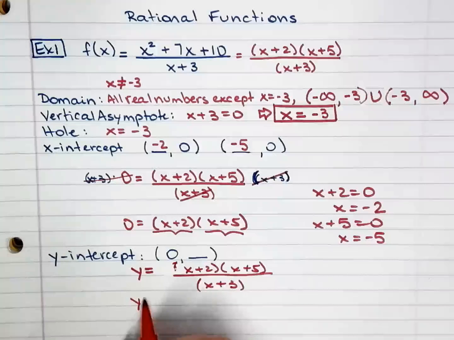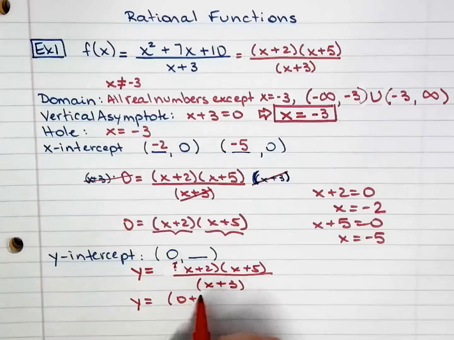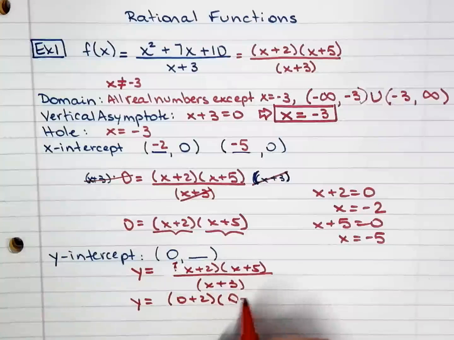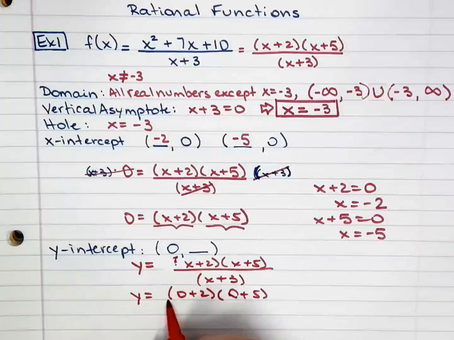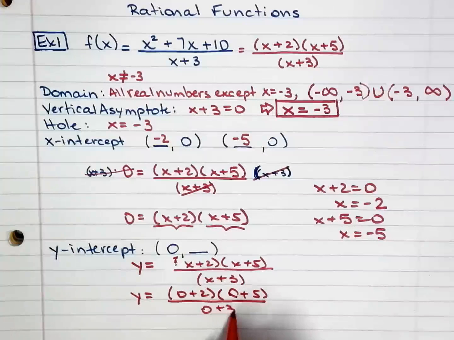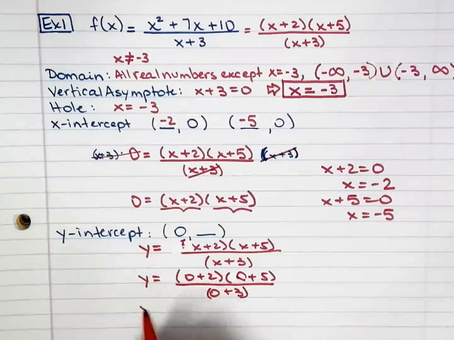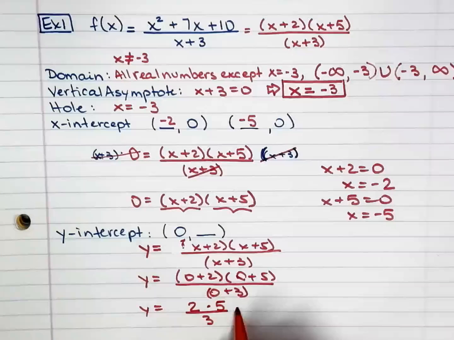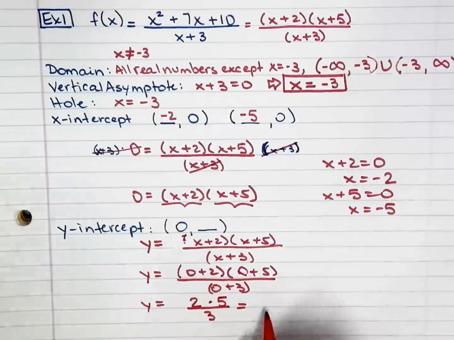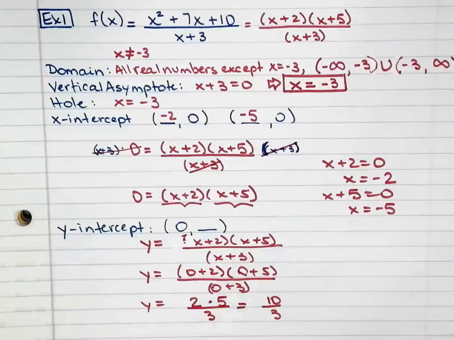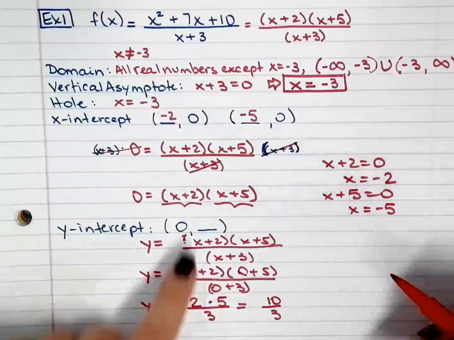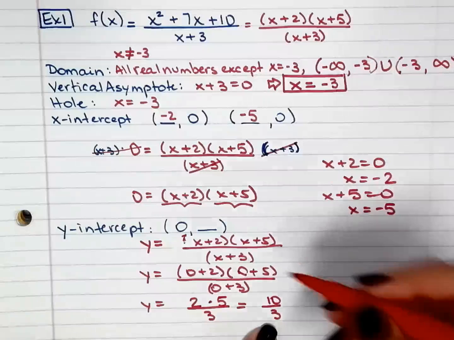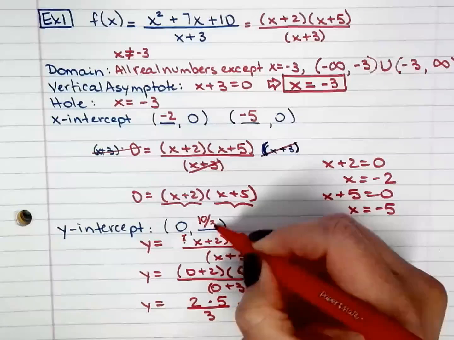I will plug in 0 for x. 0 plus 2, 0 plus 5 over 0 plus 3. 0 plus 2 is 2, 0 plus 5 is 5, 0 plus 3 is 3. Here I have 2 times 5 is 10 over 3. Voila, exactly what I was expecting to find. And that's what I have in my handy dandy graphing calculator right there. So 10 over 3.